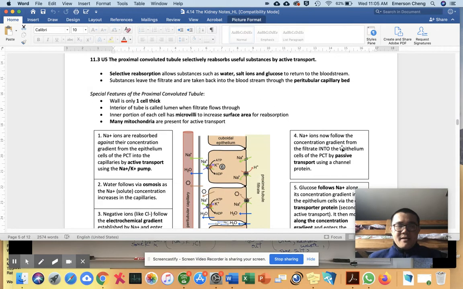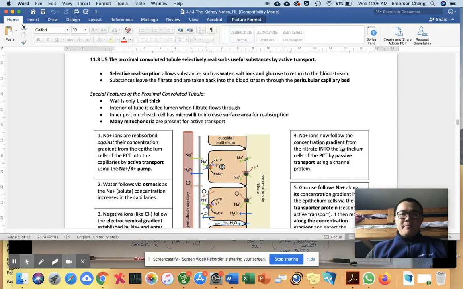transport. One thing, I don't know if you remember this from your digestion section previously, probably in grade 10, when you learned a little about the digestive system.